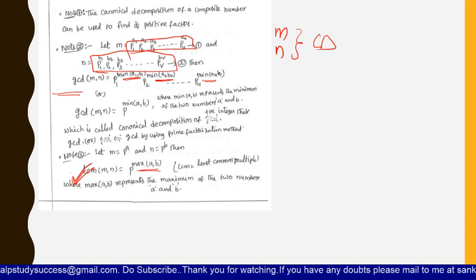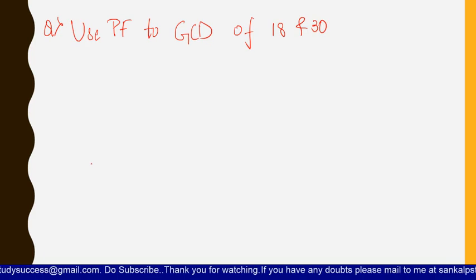So to get more clarity, we'll go with an example, using the prime factorization method to find the GCD of 18 and 30. That is nothing but the canonical decomposition also.